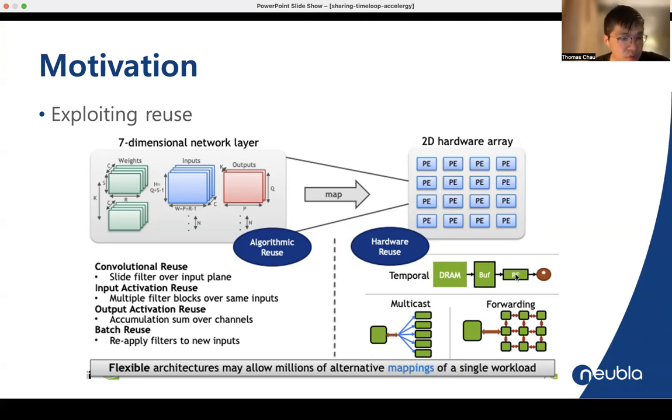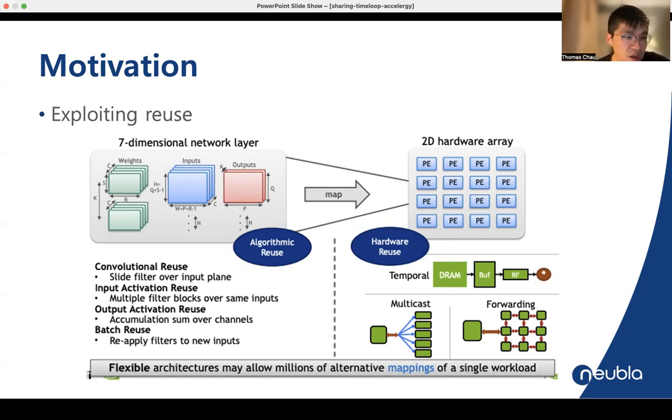Then we use the value over consecutive iterations and avoid fetching data from more expensive storage, such as DRAM. Second is the spatial aspect, where multicasting means fetching data once from an expensive storage and sending it to multiple receivers. Also, forwarding means that a hardware unit uses a value and then forwards it to the peer units.